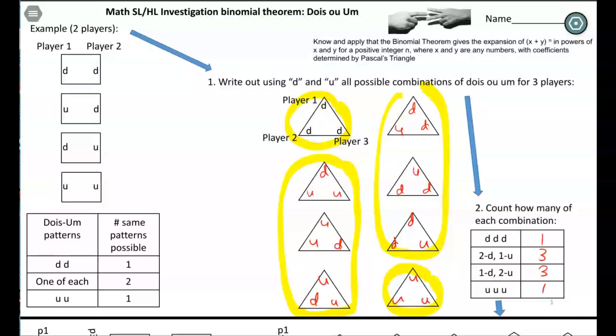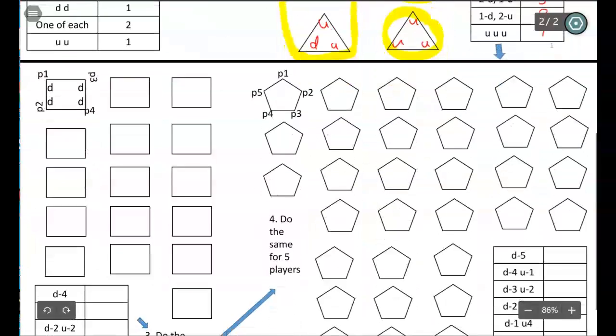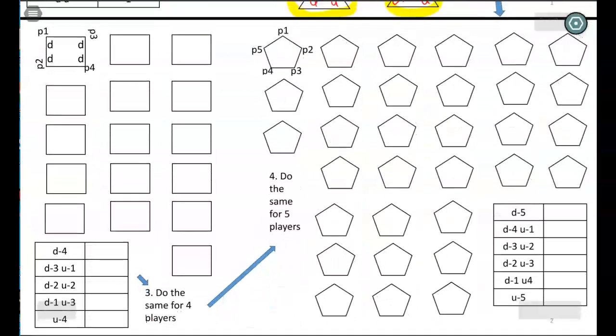Okay, let's go to the next scenario. The next scenario is 4 players, and with 4 players you can get dois, dois, dois, dois, or um, and then there are many other different ways you can get it. I would like for you to go ahead and do this on your own, and my advice to you is to make sure you do it in an organized way.